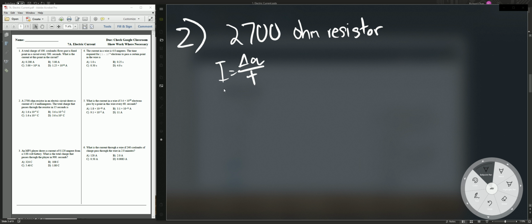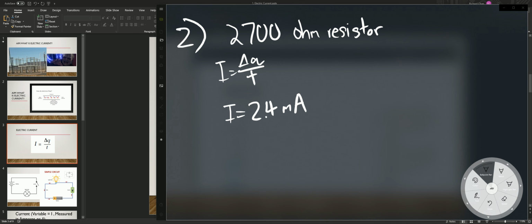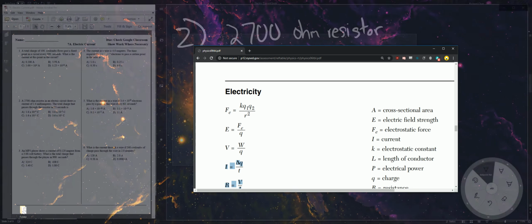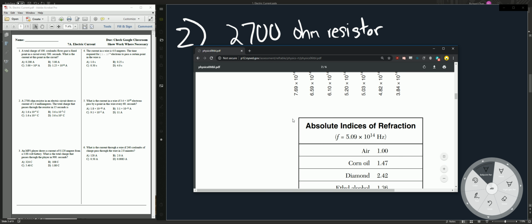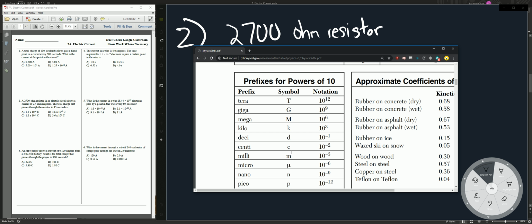In this problem, it says an electric circuit draws a current. So you know your current is 2.4 milliamps, and we need to convert it to amperes. If you look at your reference table, milli is all the way at the top. 1 m is 10 to the negative 3.